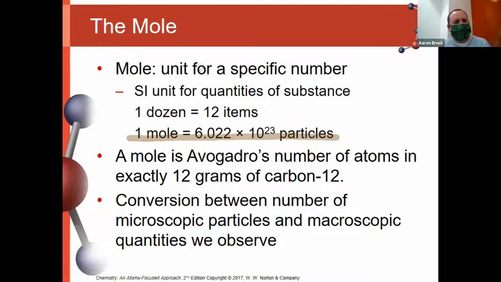All of those concepts that are on the micro scale for AMUs, when we bring it out to the macro scale of grams, they all become relative to the mole as well. So those values that we got off of the periodic table for atomic masses, molecular masses, formula masses, can all become molar masses if we simply change the AMUs to grams.